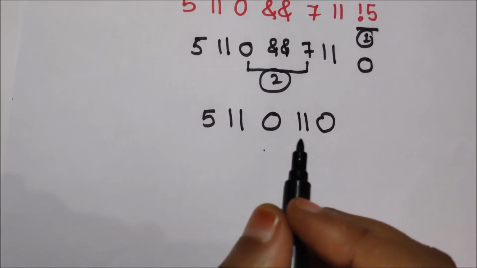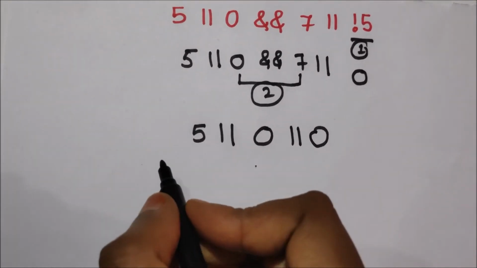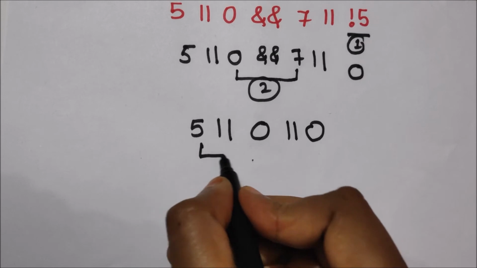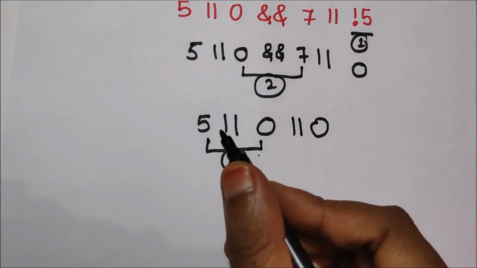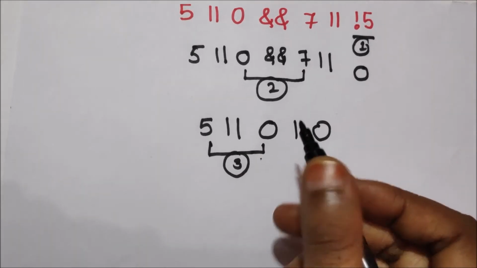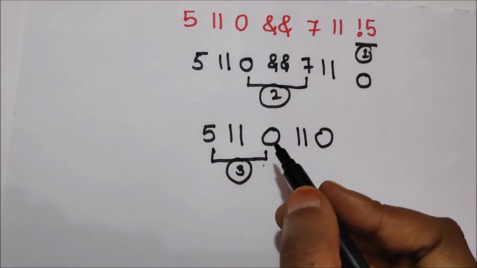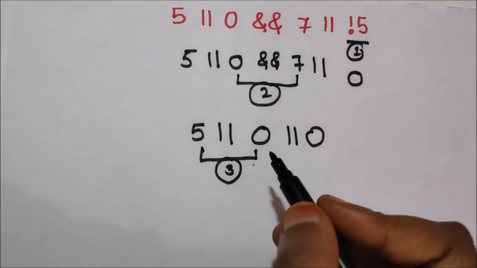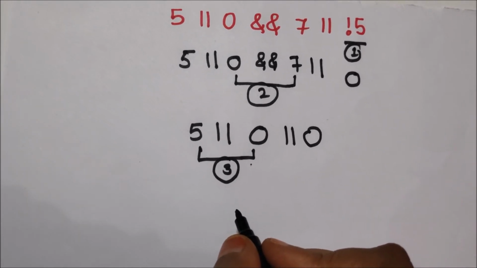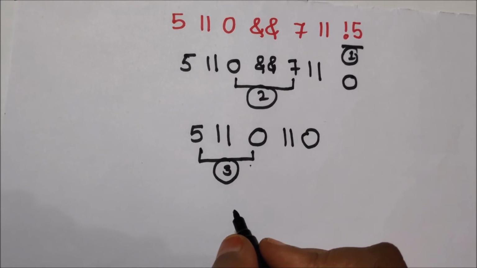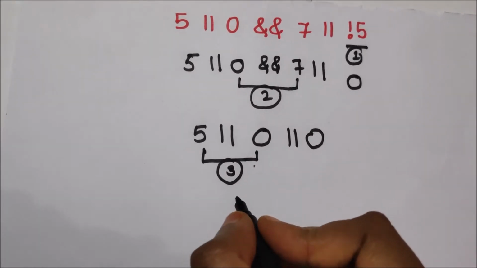Now we have only logical OR. Start evaluating from left to right. Now this will be evaluated first: 5 or 0. 5 is true, 0 is false. So true or false will return true, because as per the truth table of logical OR, if any one operand is true, then it returns true.